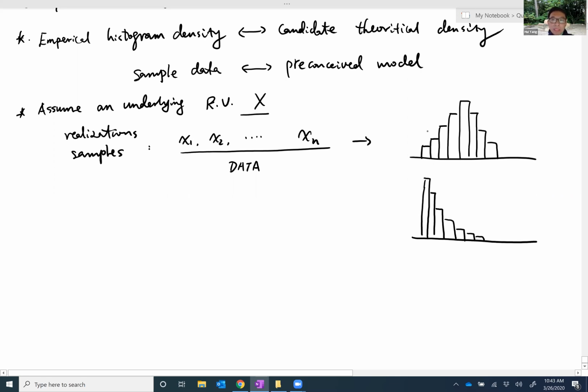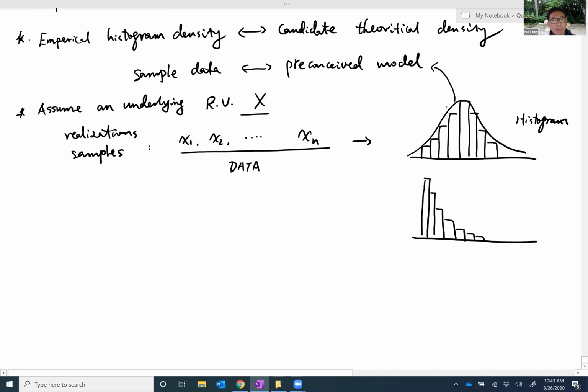And then you might see, oh, this is a histogram, and I see there's a shape. So this is my preconceived model. What I'm saying is the line could be the preconceived model.